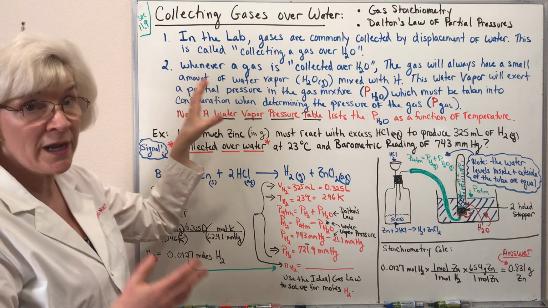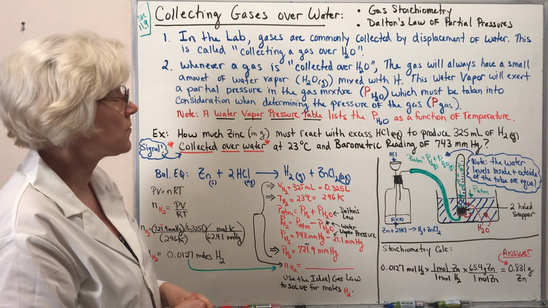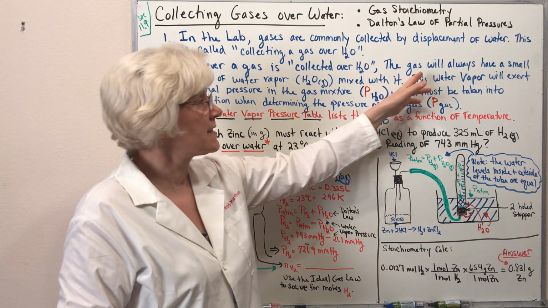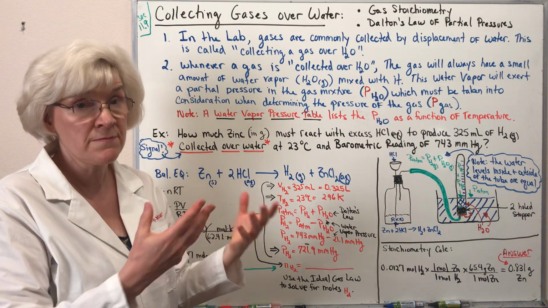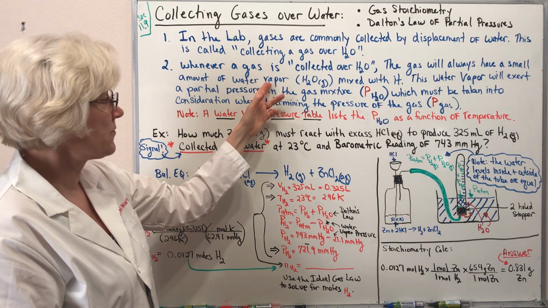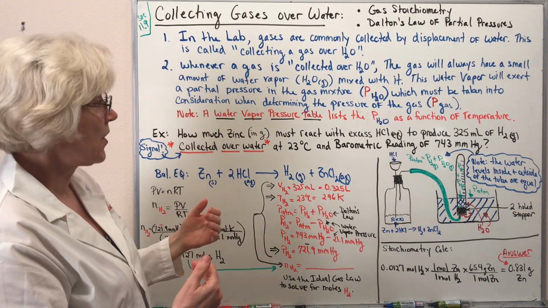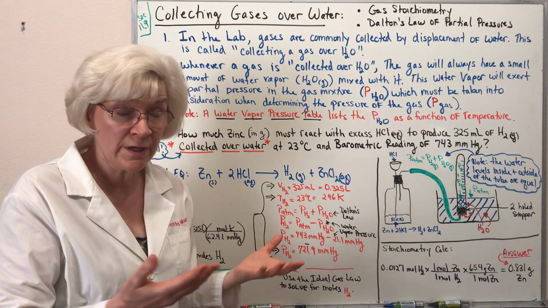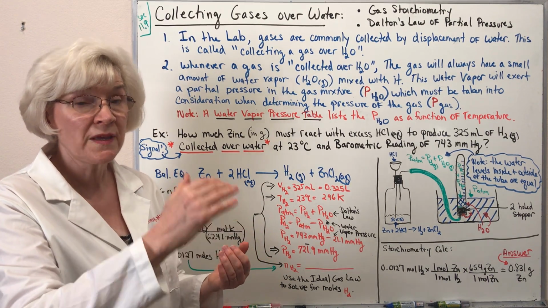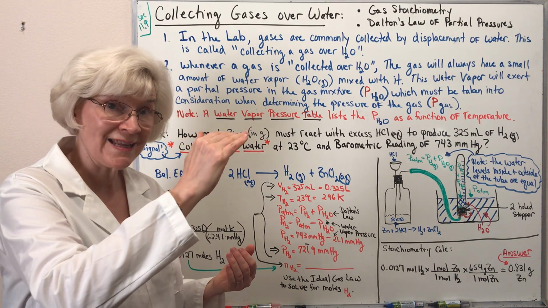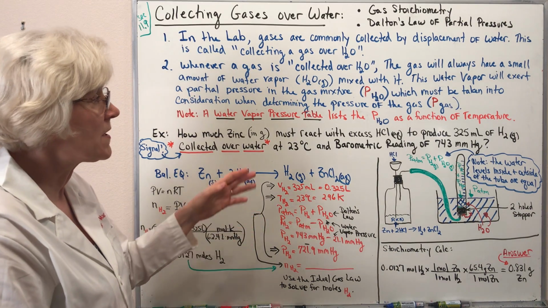An important point to recognize whenever you are collecting a gas over water is to realize that the gas will always have a small amount of water vapor present mixed with it. Of course, water vapor referring to water in the gas phase. Right? So whenever you have liquid water present at a given temperature, there will always be a small amount of water in the gas phase above the liquid in equilibrium with it.